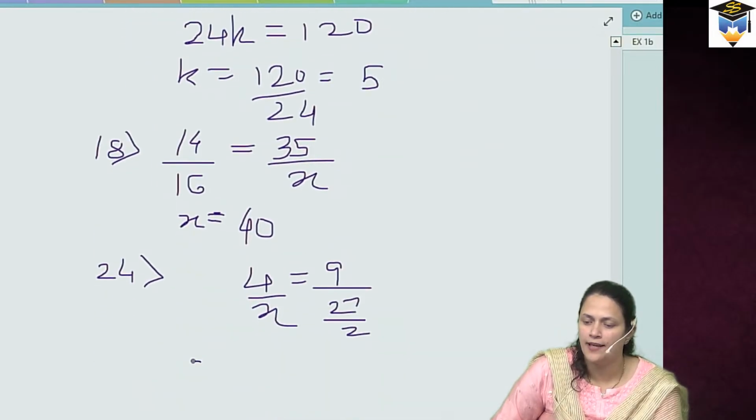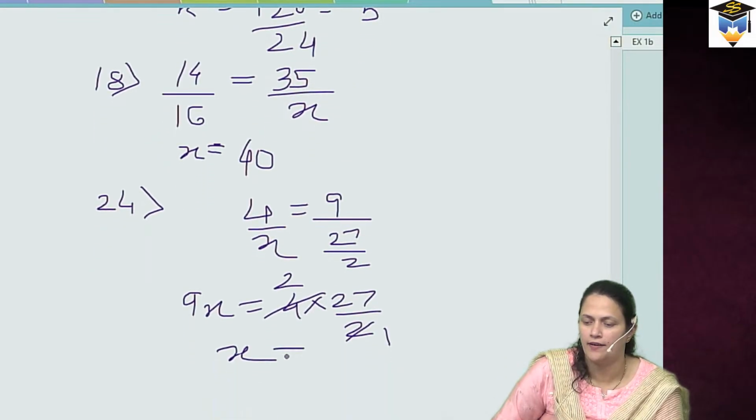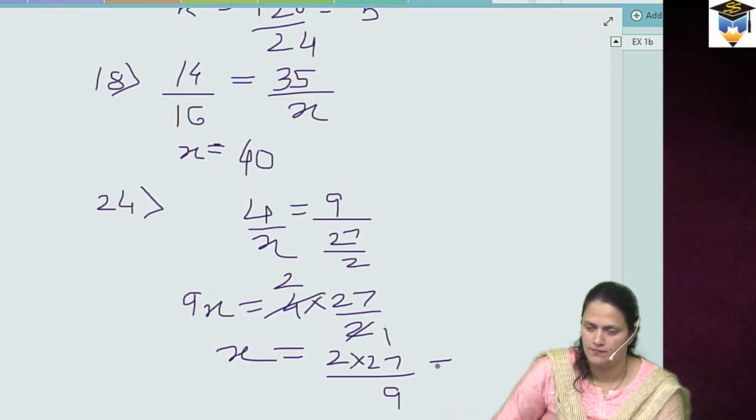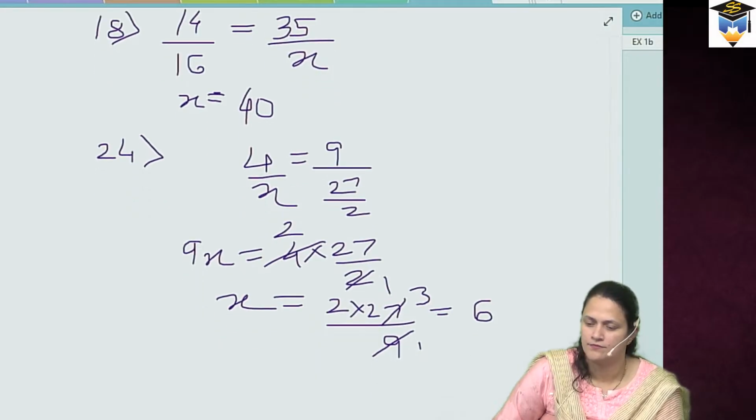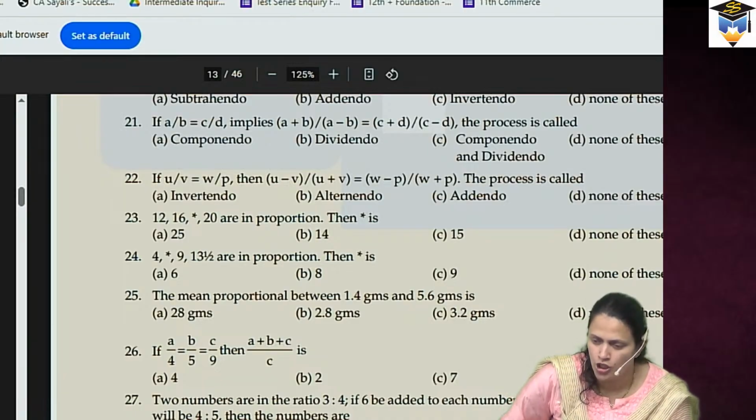So if you cross multiply, x is equal to 2 into 27 upon 9. Is it right? Option A for the 24th one.